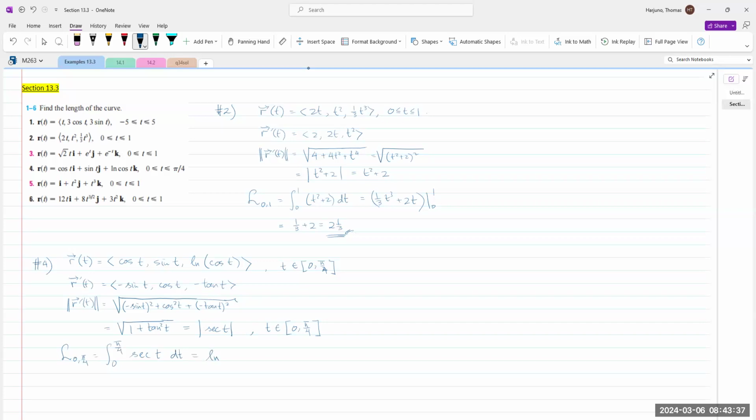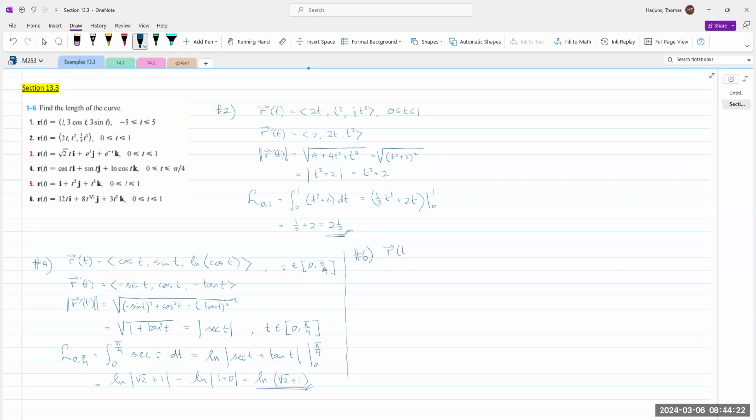The integral of secant t is natural log of secant t plus tangent t, from 0 to pi over 4, which is natural log of secant pi over 4, which is radical 2, plus tangent pi over 4, which is 1, minus natural log at 0, where this is 1 and this is 0, natural log of 1 is 0. So we are left with natural log of square root of 2 plus 1. That's for number 4.